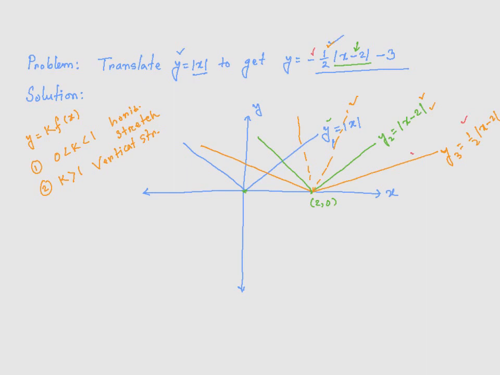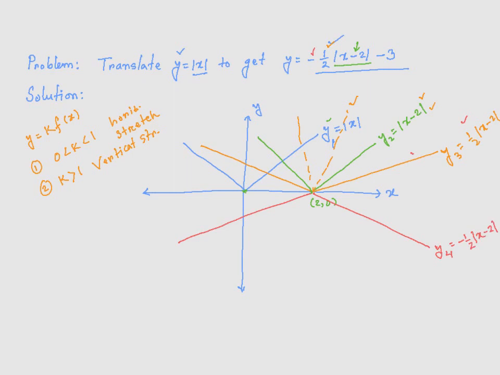The effect of this is a reflection, so my y4 is equal to -1/2 times absolute value of x minus 2. Remember, if you're multiplying any function by -1, in essence you are reflecting it about the x-axis.